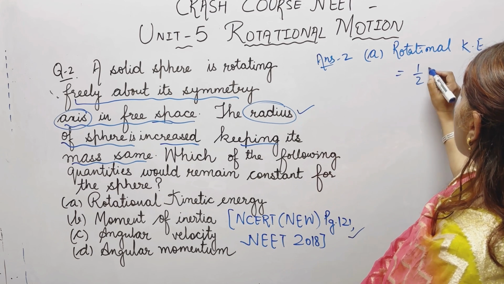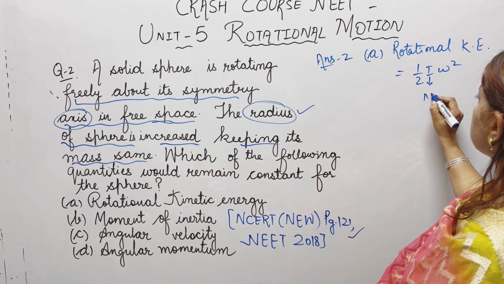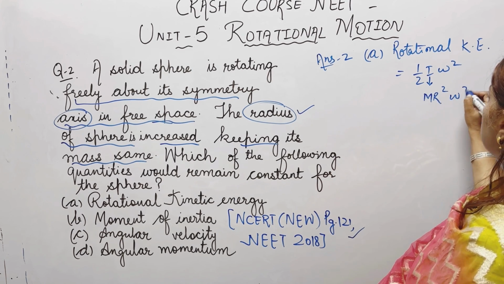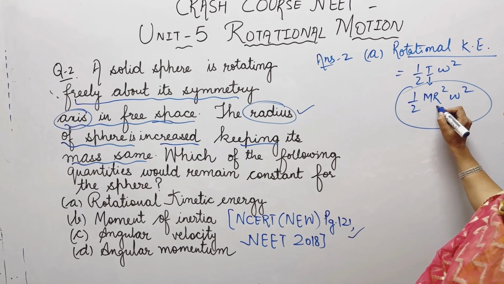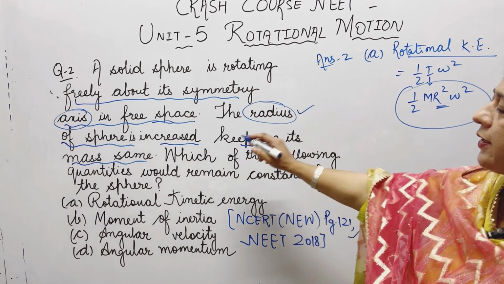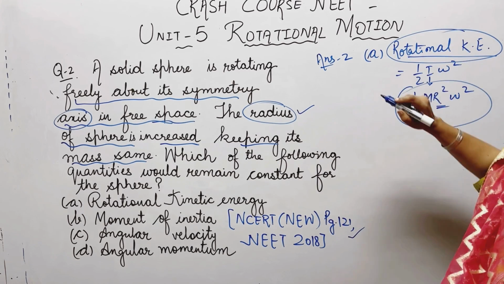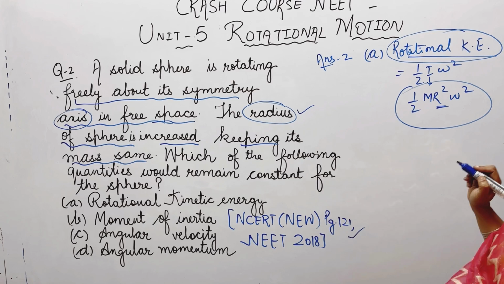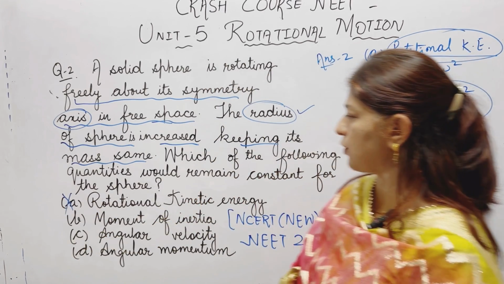The formula is half I omega square, and I is the moment of inertia, the value is mr square. So the kinetic energy depends on the radius, and the radius is increased. So there will definitely be a change in the rotational kinetic energy; that won't remain constant. So option A won't be the answer.